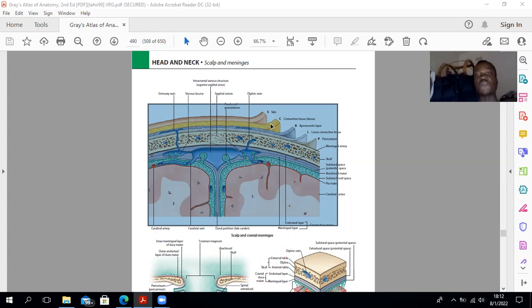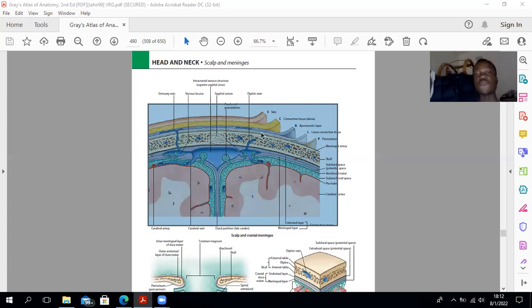And you're going to have fibrous septa that are then going to tether the skin to the aponeurotic layer. The first 3 layers, that is the skin, the connective tissue, and the aponeurotic layer, will be referred to as the scalp proper. They'll actually slide as a unit.